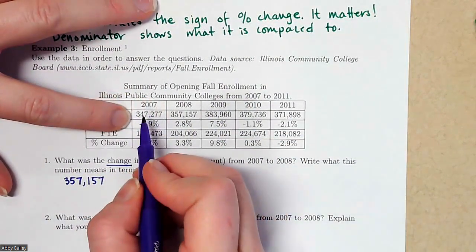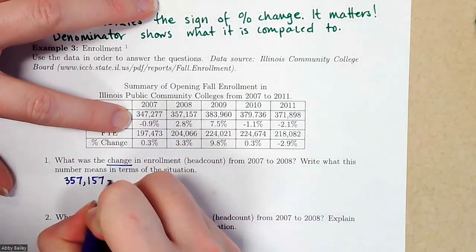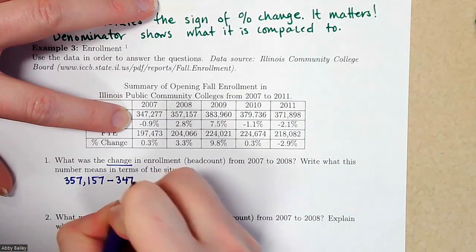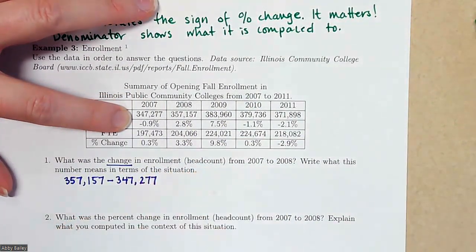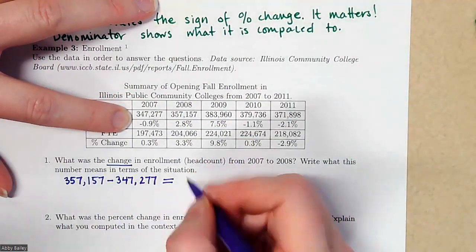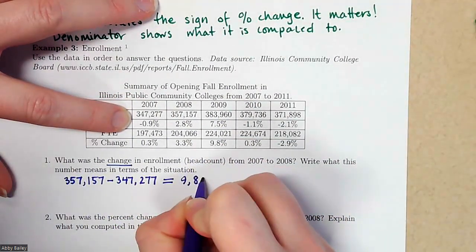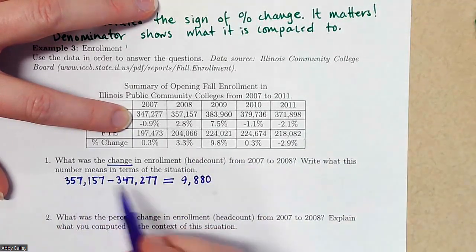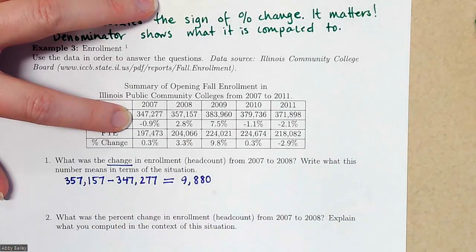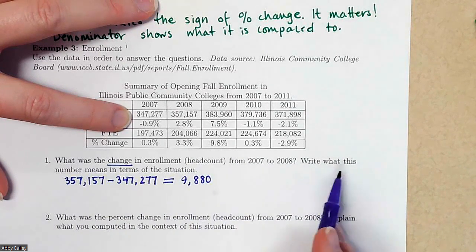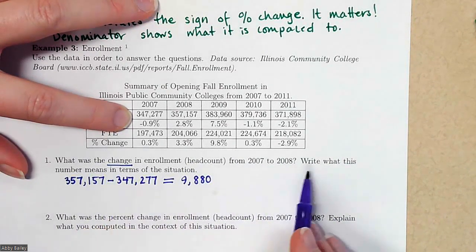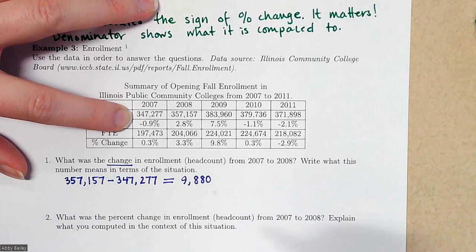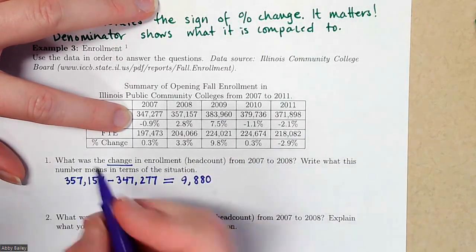And this is what it began as. So find the difference between that and 347,277. Okay. And if you compute this, you will get 9,880. And if you think I'm magical, no, either line up the place values and do your borrowing or use a calculator. So that is the change. Write what this number means in terms of the situation. Okay, so the head count.